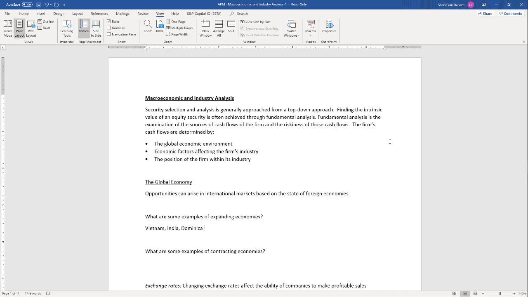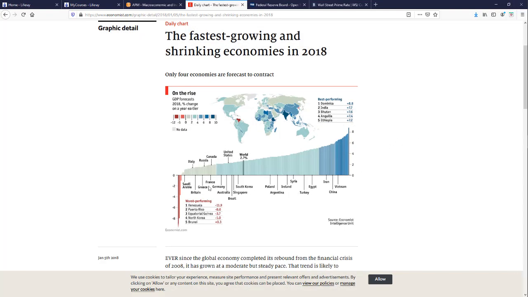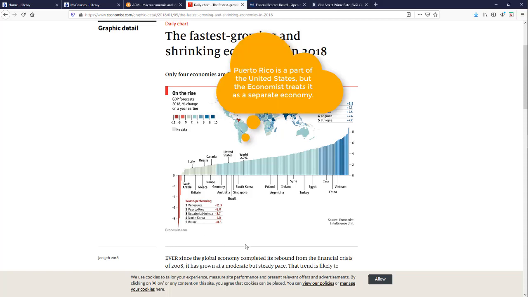Those are all examples of expanding economies. Some contracting economies are Venezuela, Puerto Rico, and Puerto Rico may have changed a little bit since then, although they're still having a really difficult time. So Venezuela, Puerto Rico, North Korea.